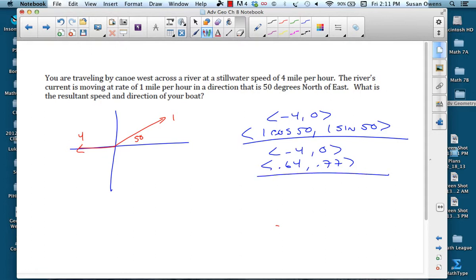Add them together: negative 3.36 and positive 0.77. You can draw the resulting vector on the original graph. I'd like to draw it off to the side just so I can think about what it would look like. So it would be left and then up a little bit.